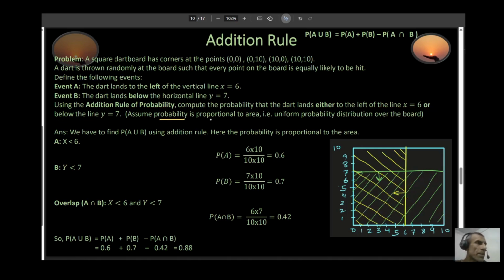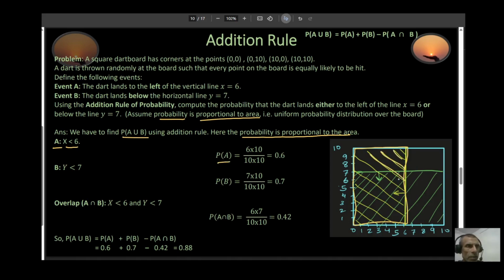Assume that the probability is proportional to the area. Here, we have to find the probability of A union B, A or B, using the addition rule. We are given that the probability is proportional to the area. So event A refers to the dart landing on the left-hand side of x equal to 6. In this case, my probability of A would be this area.